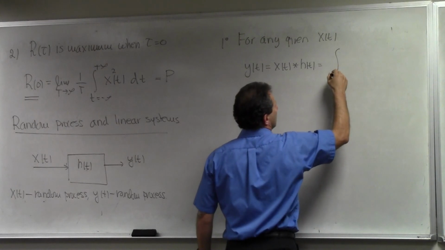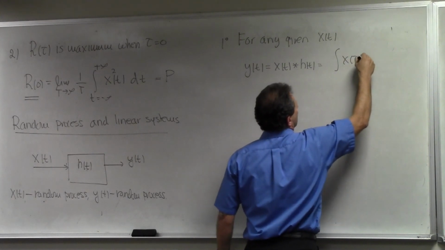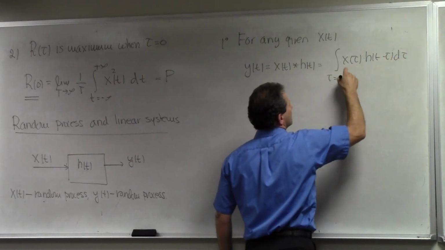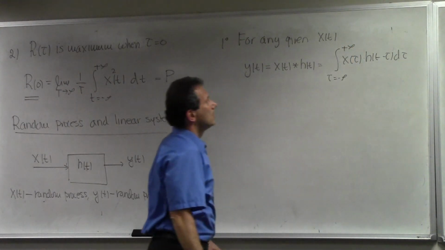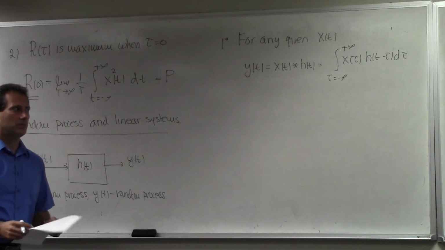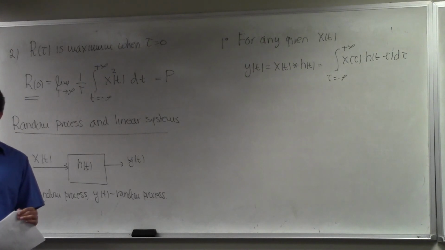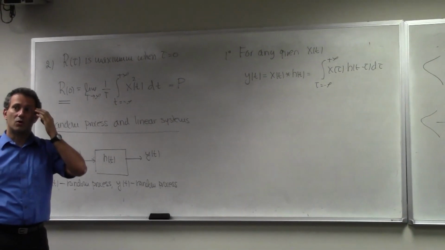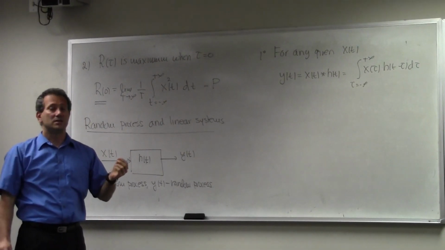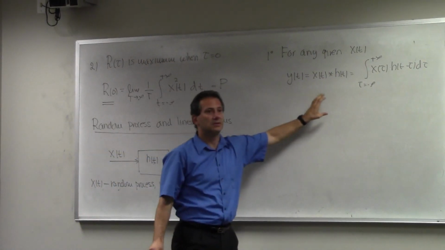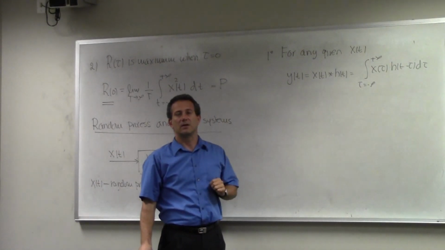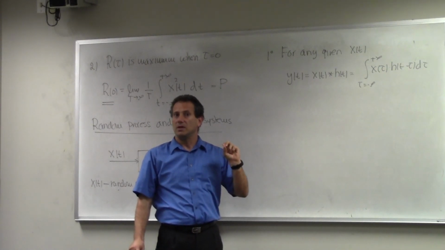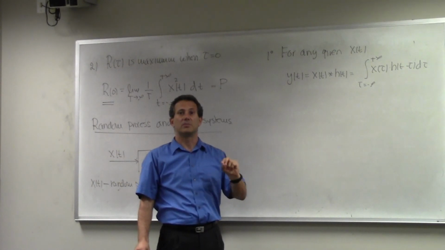This is the integral of x of tau, h of t minus tau, d tau, where tau goes from minus infinity to plus infinity. So that's a useful result for us, but it's not extremely useful, right? Because remember, we are not designing our systems for known signals. This says if you know what x of t is, then you can calculate y of t, and that's important on its own. But we design our systems to handle random processes.